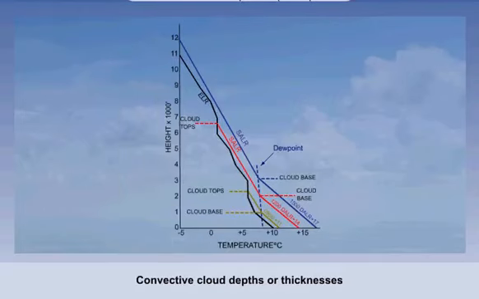Let us consider another scenario and think about the whole depth of cloud. With a temperature of +11 at 0900, we see air rising that is warmer than the environment, creating a convective cloud of this height and depth.